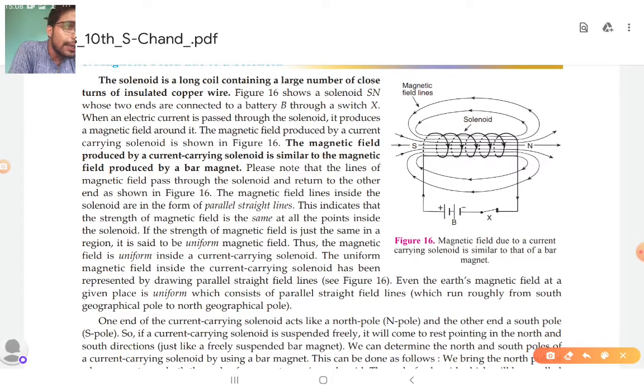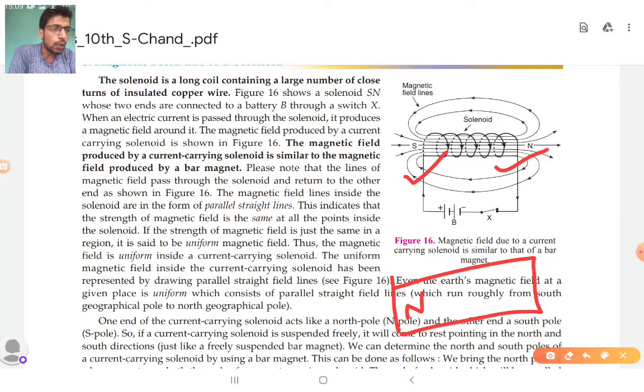As in a bar magnet, one side is one pole and the other side is the other pole, north pole and south pole. You know about the bar magnet, it has two poles, north pole and south pole. In the same way, a solenoid behaves like a bar magnet.